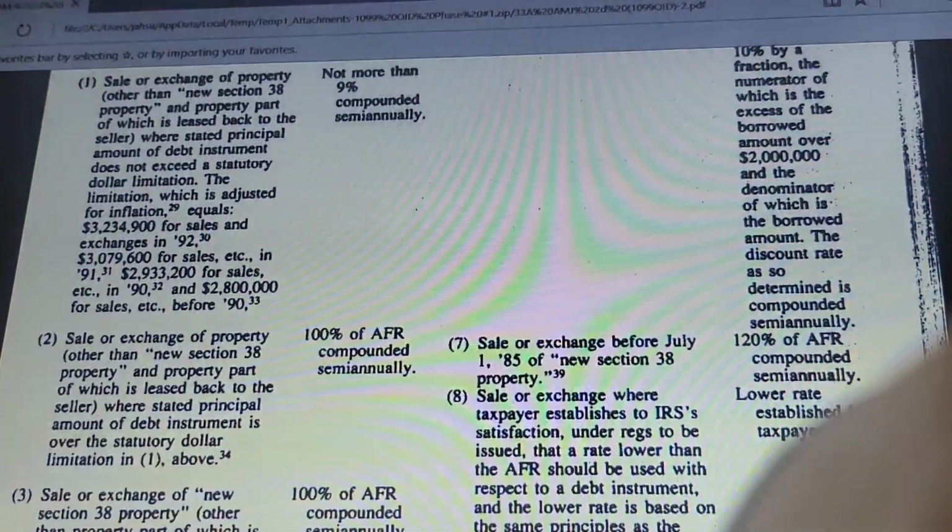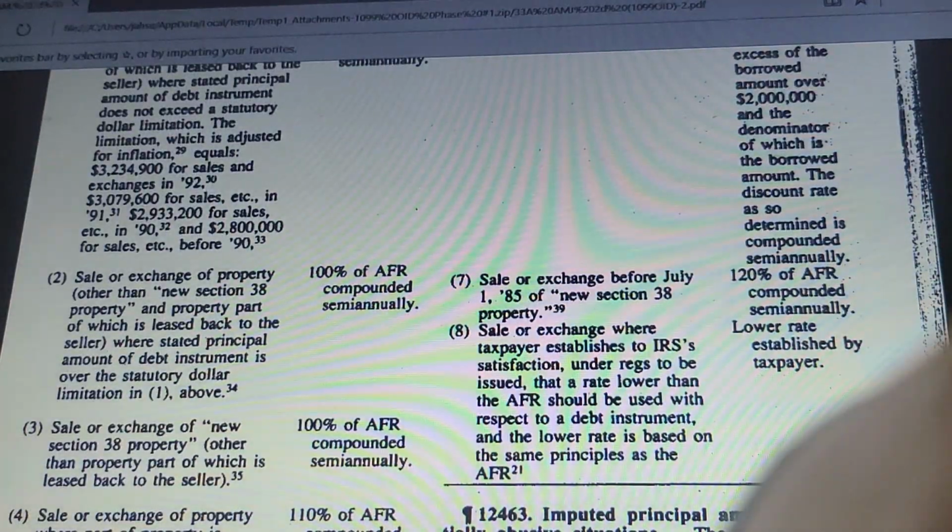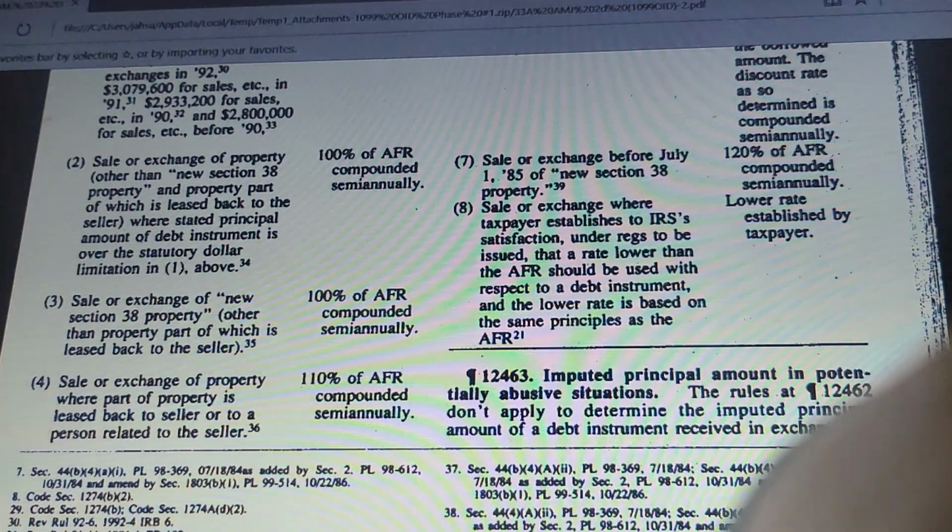Low rate established by taxpayer. 7. Sale or exchange before July 1st, '85 of new section 38 property. The discount rate is 120% of AFR compounded semi-annually. 8.